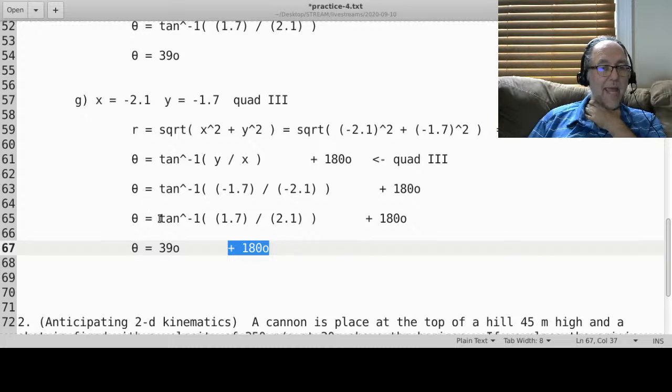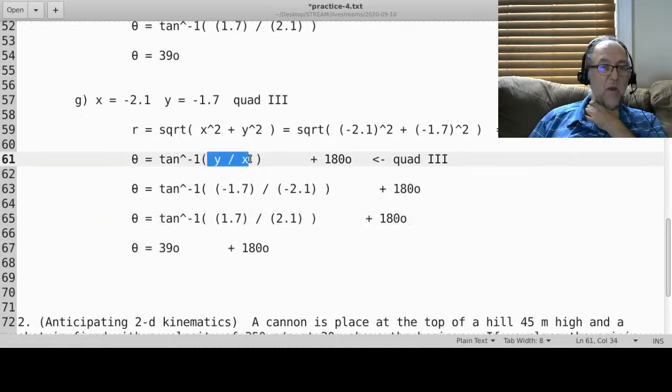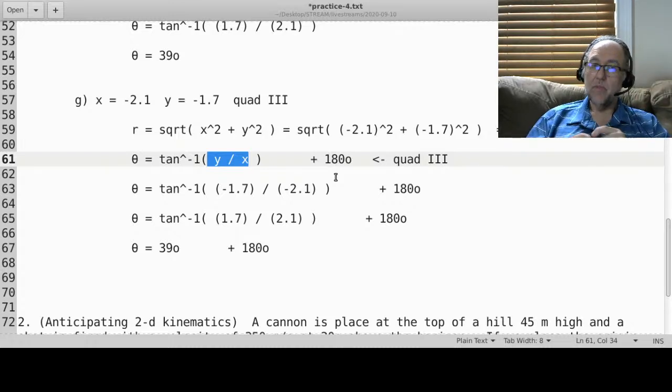And you're going, well, why didn't the tangent function by itself see that? It's because you have this ratio y divided by x. If y is negative and x is negative, that formula is not going to be able to tell the difference between that situation and where y is positive and x is positive. So if x and y are both negative, or both positive, you get the same answer out of that formula.